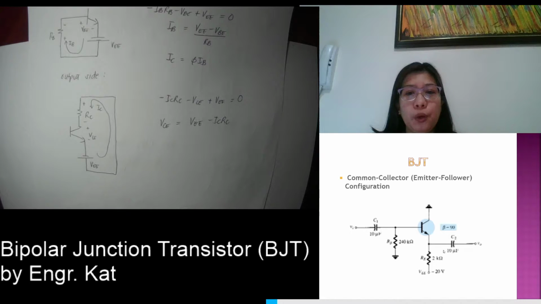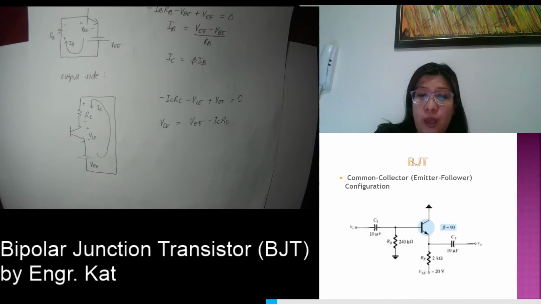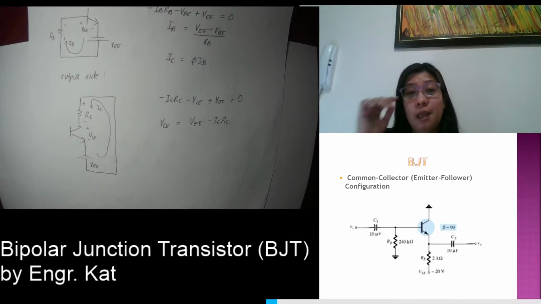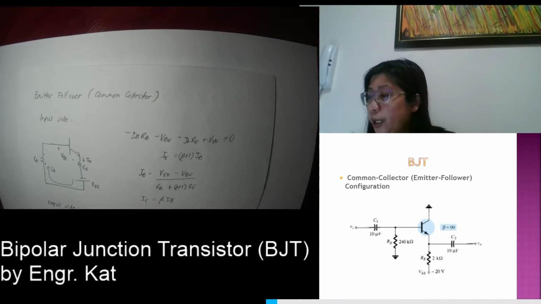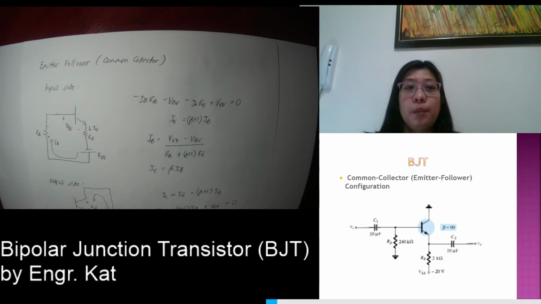Okay, so what we are going to do here now is just follow what we've been doing from the start. Again, this is your emitter follower or the common collector.